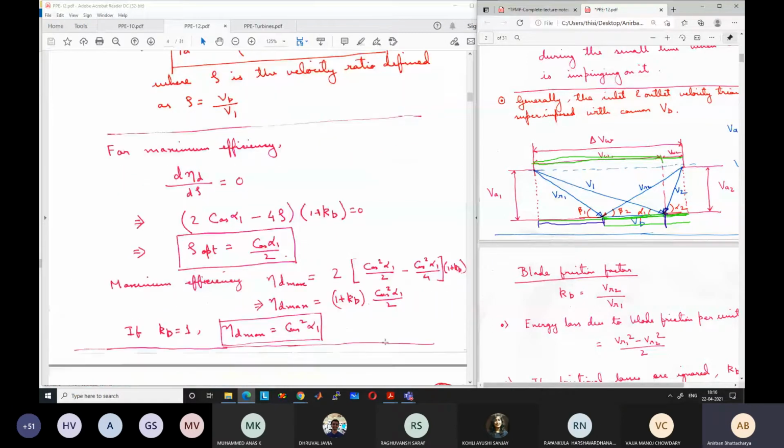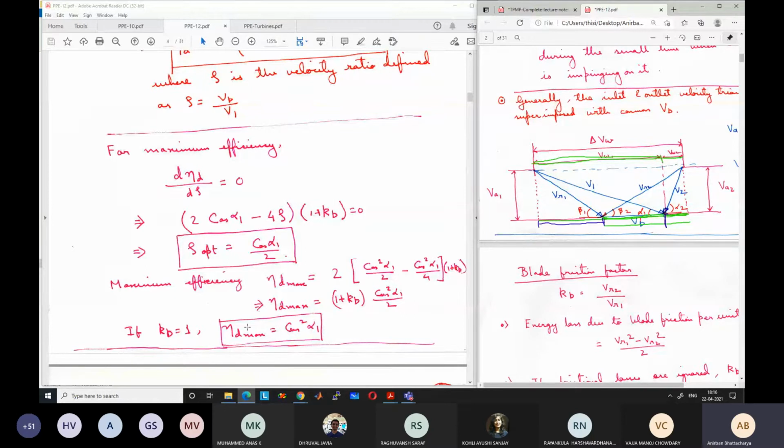From now onward we are going to ignore the frictional losses so that our calculations are simplified. In that case, maximum efficiency is equal to cos square alpha 1. So we cannot reach 1, and alpha 1 cannot be arbitrarily changed either, since it depends on the design. This is the maximum efficiency that can be obtained.